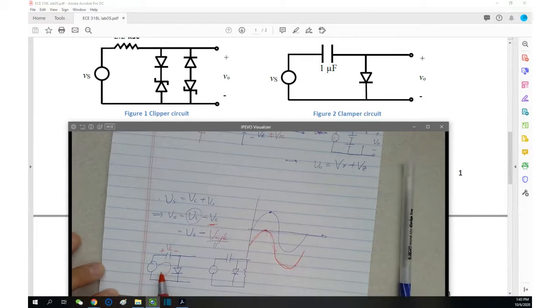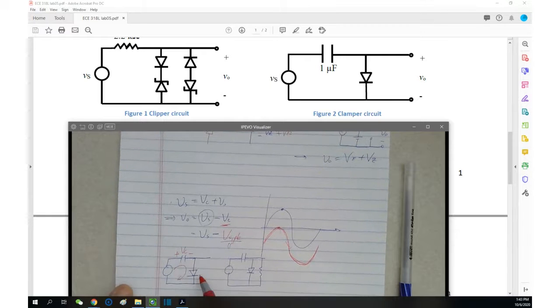So you understand that it's charging and charging. There's no way to discharge. Does it make sense? In this circuit, no way to discharge because the discharge requires the current flow backwards. Due to the diode here, you cannot do that. It doesn't work that way.